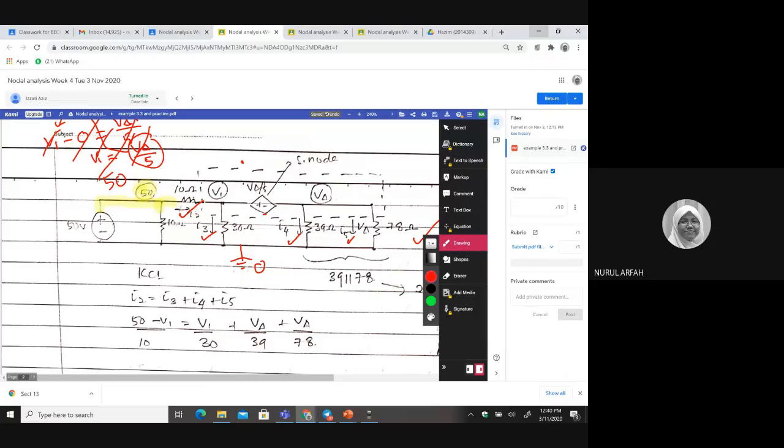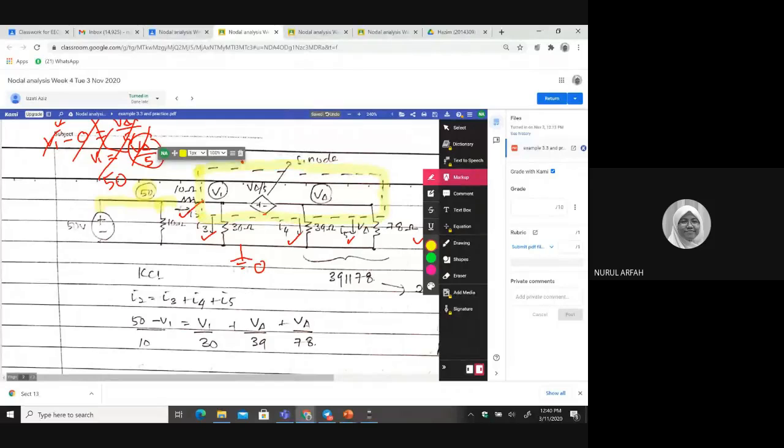How do you know? It's a voltage source in between two unknown nodes, whether independent or dependent voltage source. So because of that, you need to draw the boundary like our sister drew here. Let me highlight, this is your boundary.